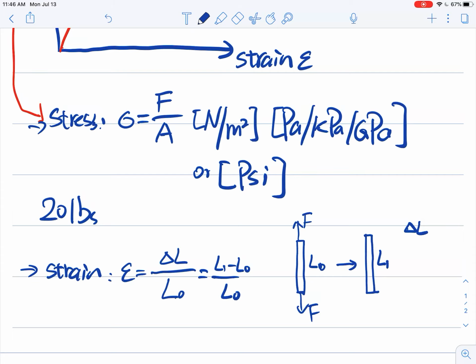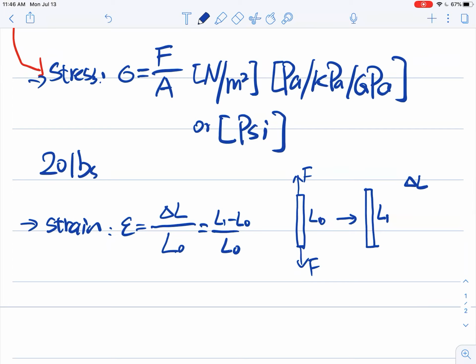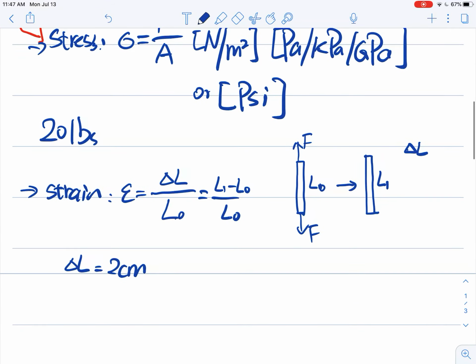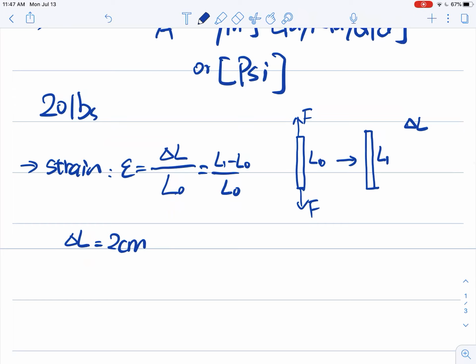So similar to stress, strain gives you an idea of how intense the deformation is. And a similar example: if I just tell you delta L, the change of length of a material under certain stress, is 2 centimeters, is this a fairly large deformation or small deformation? The answer is, it depends.